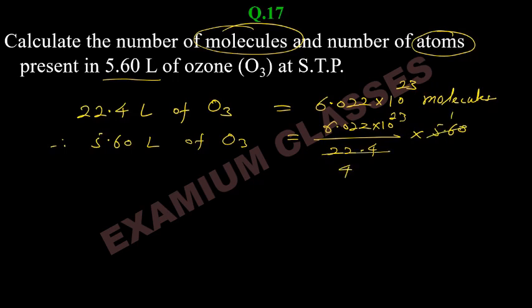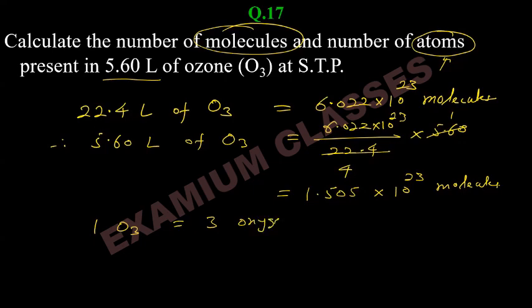5.60 divided by 22.4 is one fourth. When you simplify it, it will be 1.505 something. But the moment you get this, these will be molecules. To get the atoms, one ozone molecule is equal to 3 oxygen atoms. So you multiply this number by 3.